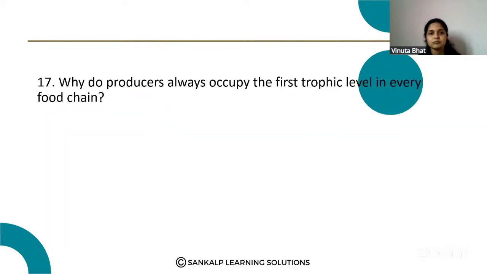Next question. Why do producers always occupy the first trophic level in every food chain?